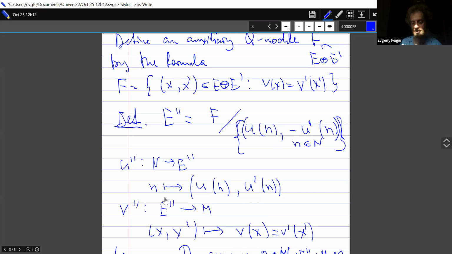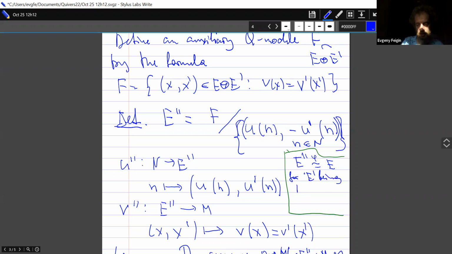The claim is that if e prime is M plus N, then the two conditions, v of x equals v prime of x prime, and the quotient by (u of n, minus u prime of n), allow us to get rid of it, so that e double prime is canonically isomorphic to e, for e prime being M plus N.